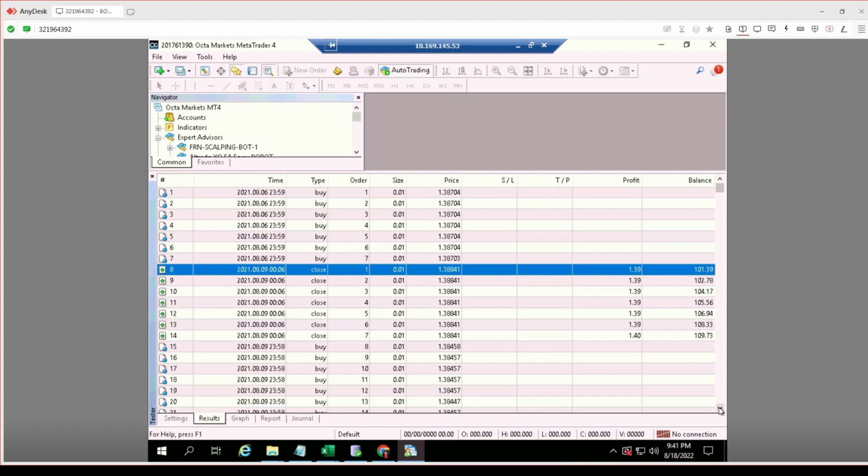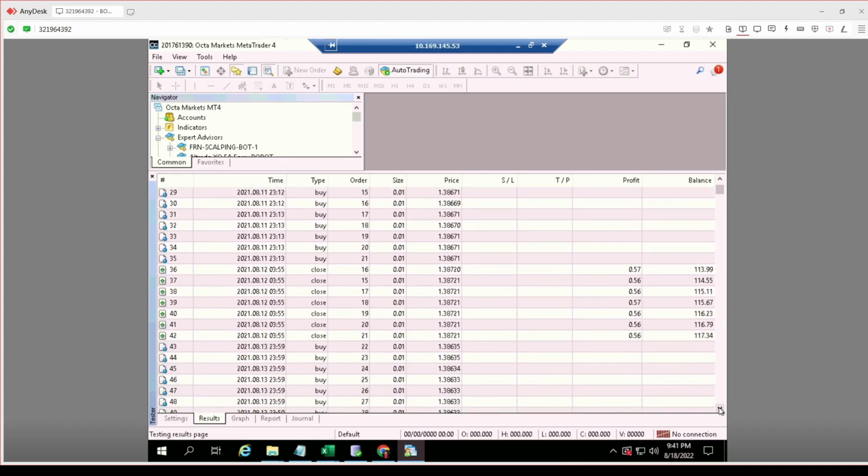You can notice here, transactions that are taken generate profits and losses from each transaction.